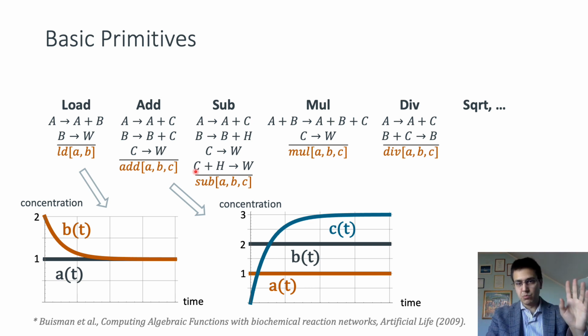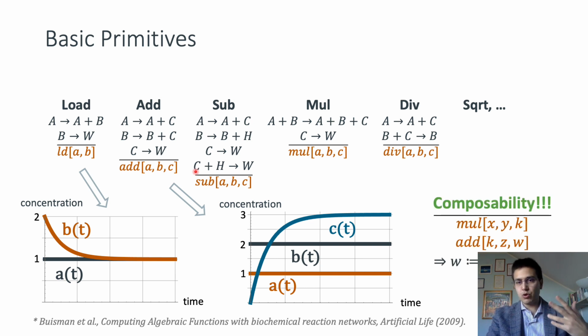Now, these modules were not chosen by chance. One important property that they have is the property of composability. What that means is, if we stack up different CRNs, such as multiply and add, we get the composed behavior. So basically, this multiply does x times y and stores into k, and addition says k plus z goes into w. Effectively, what you would expect is x times y plus z by stacking up this multiply and add.